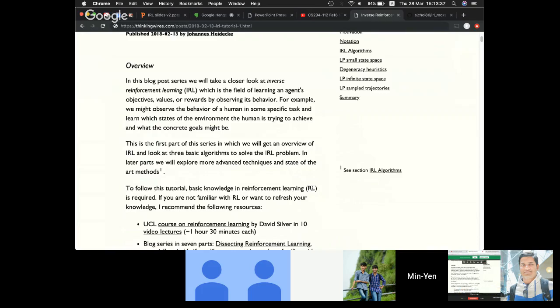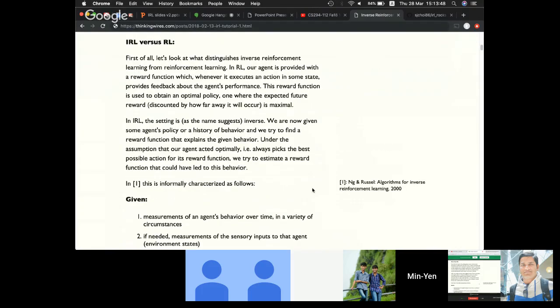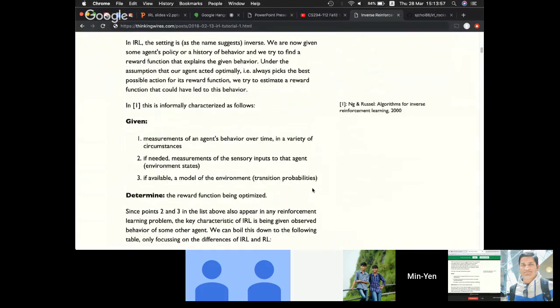Okay. Is that better? Okay, so we're looking at the inverse reinforcement learning problem. And so Ju already kindly told us a little bit about what the difference is between IRL and RL, right? In IRL, what we want to do is find the reward function given sample trajectories and histories. So we're given that, and then we have to find the reward function actually being optimized.